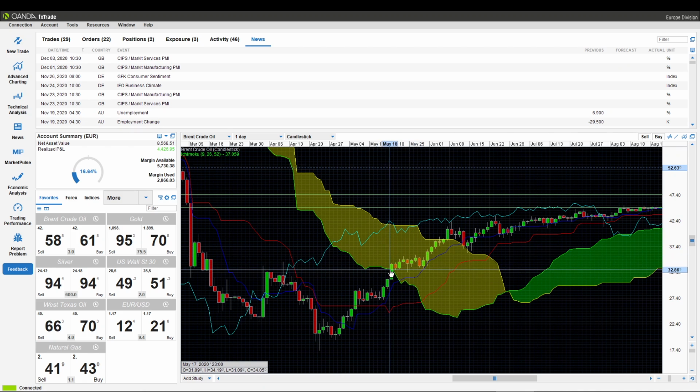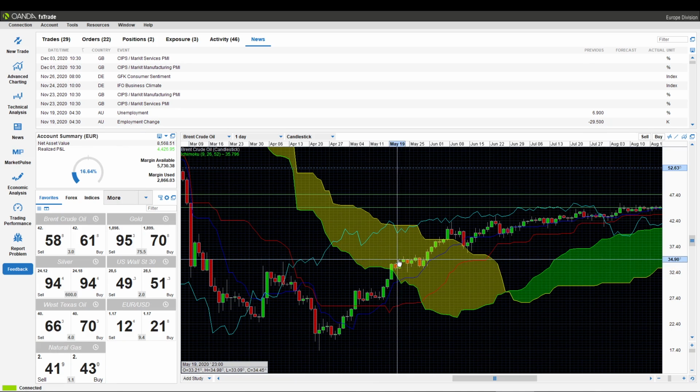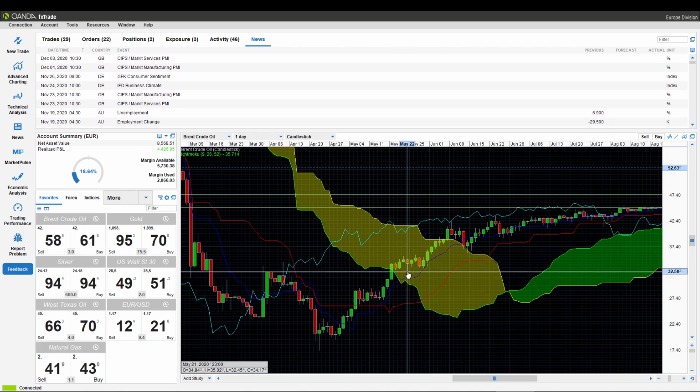So here we have the cloud entry, and here we had the highest high, and this was the lowest low. So what happened here? The highest high was broken on the first day after the closing of the candle, and then on the second day the price went down and it actually broke the lowest low. So I would have stayed out of the market here.